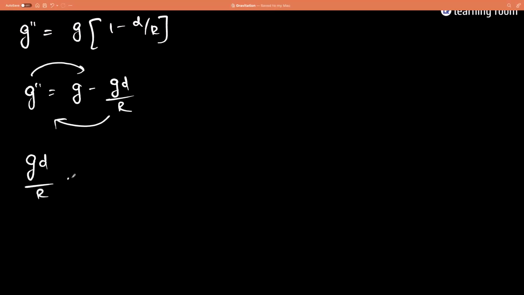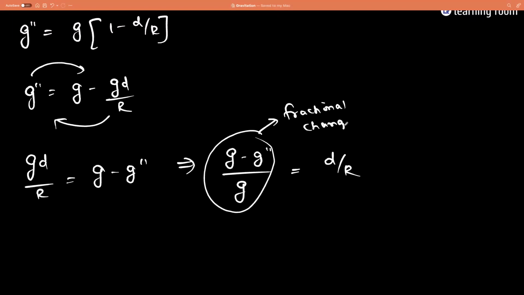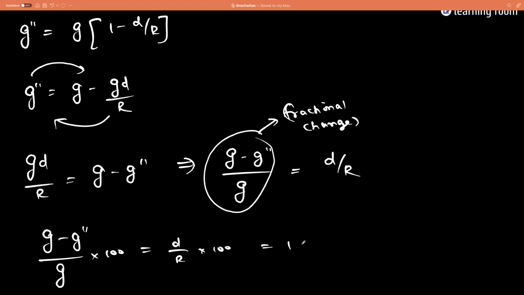So g d divided by R is equal to g minus g double dash, which implies g minus g double dash divided by g is equal to d divided by R. This value is the fractional change. So multiply this with 100 on both sides. So g double dash minus g divided by g into 100 is equal to d divided by R into 100. How much is this supposed to be? 1%.